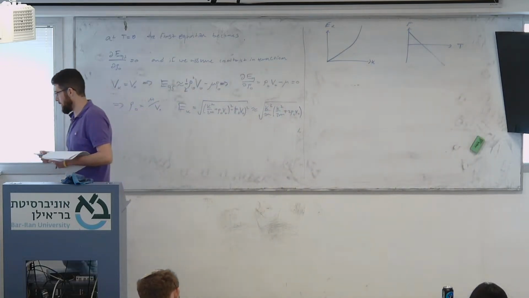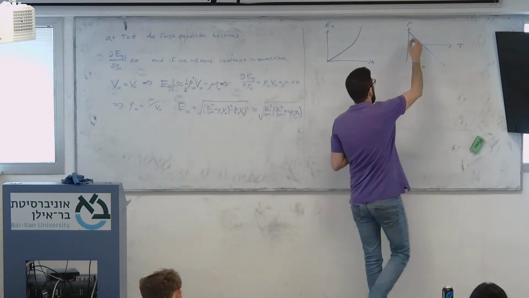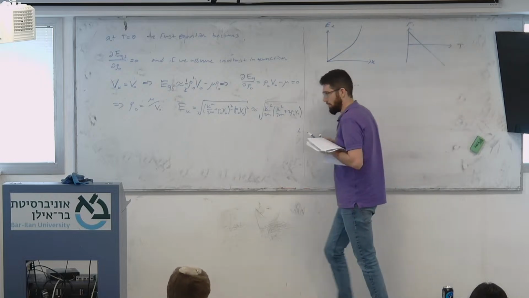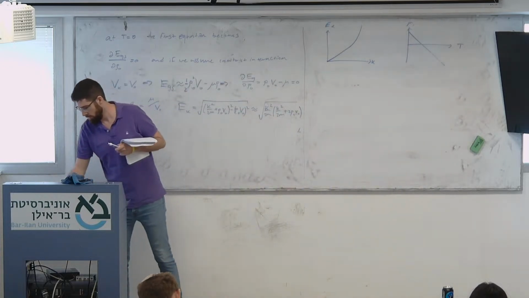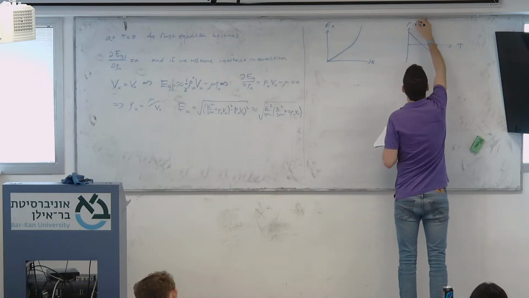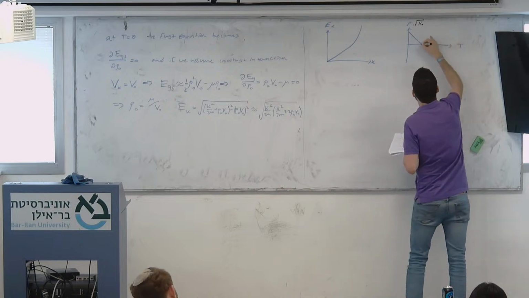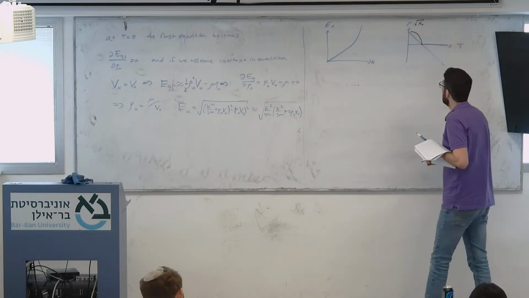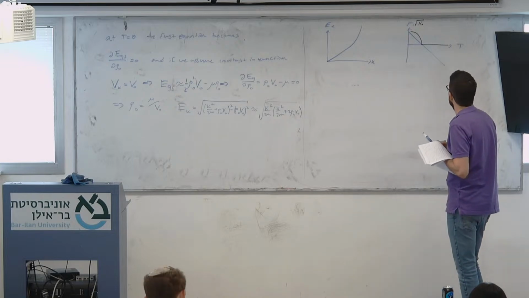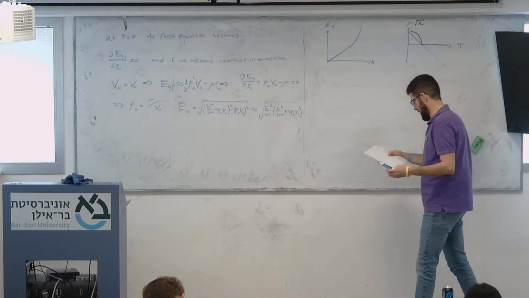And if we plot the order parameter, the square root of n naught, it's basically 0 up to this point, and then it does something like that.